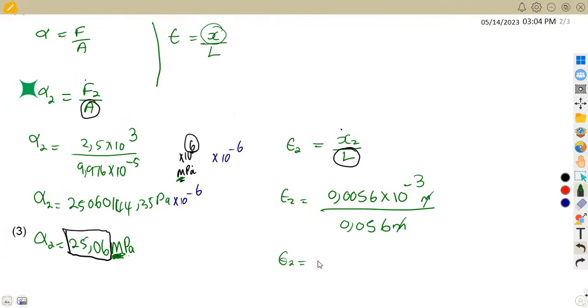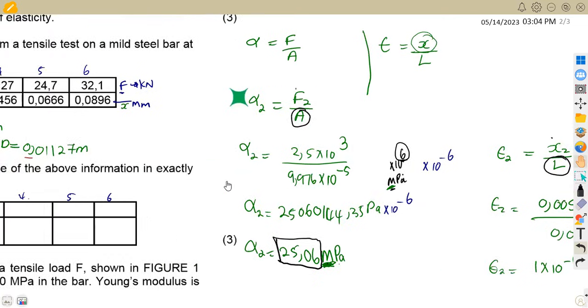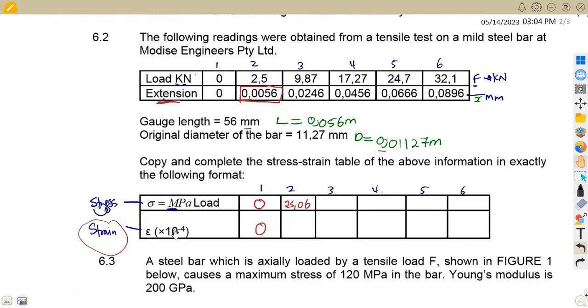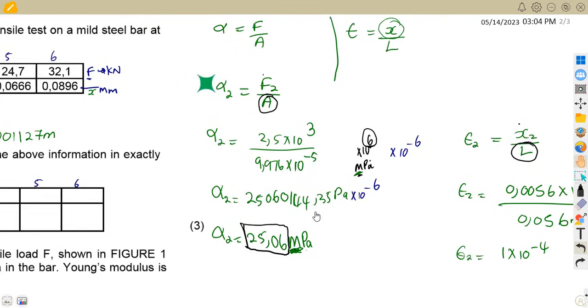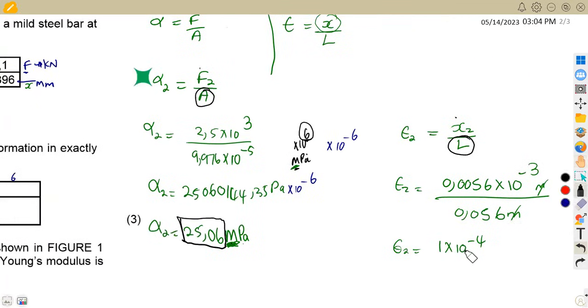So we are going to obtain our answer as 1 times 10 to the exponent of -4 from your calculator. So this is what we need. The answer is supposed to be times 10 to the exponent of -4. We can see it here, so our answer is going to be 1.